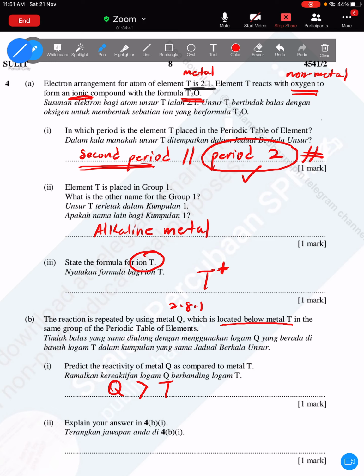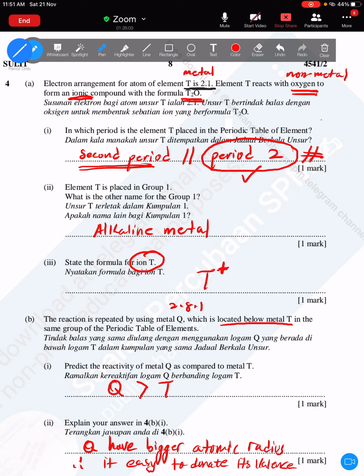It is because Q has a bigger atomic radius. Therefore, it is easy to donate its valence electron. Nuclear charge. Okay, give me the answer.